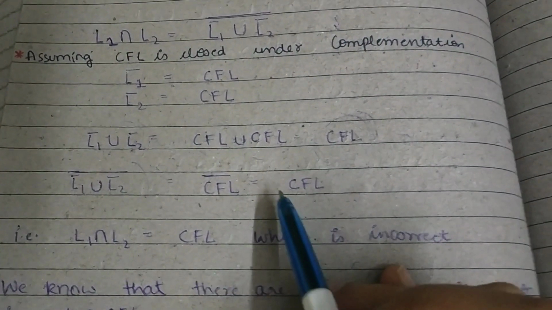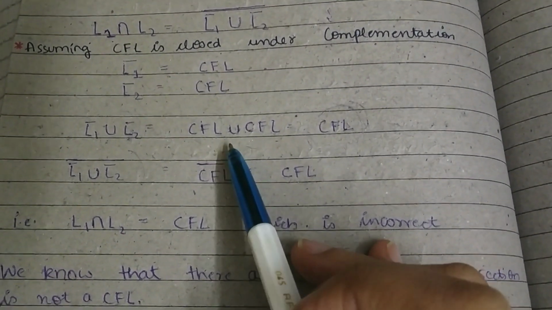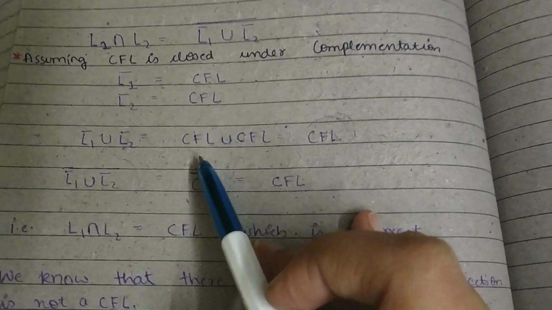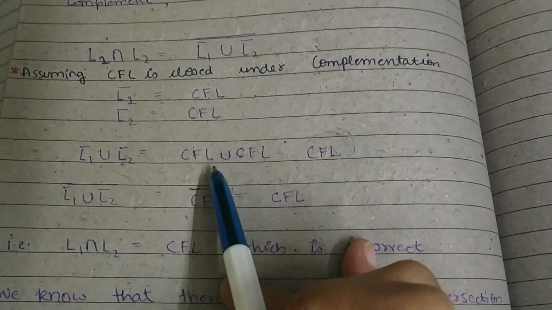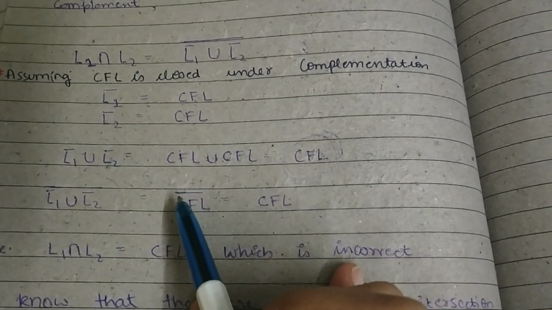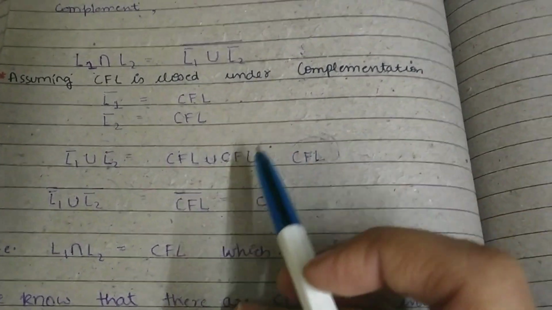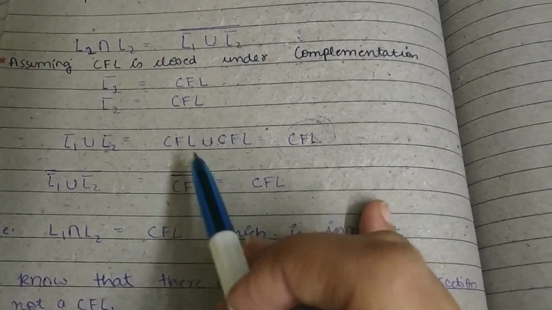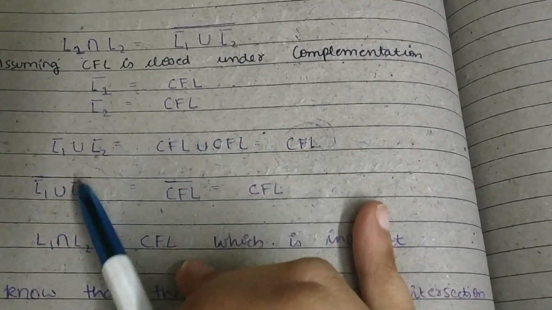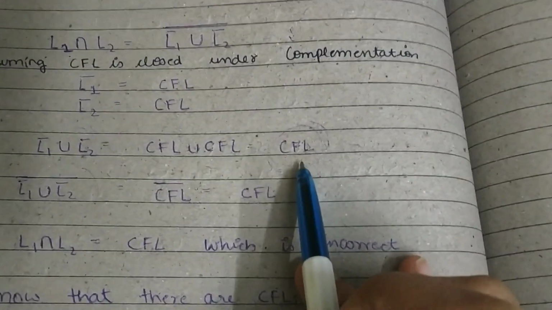Because the union property says that either of the two conditions should be true. That is, either L1 complement should be a context-free language or L2 complement should be a context-free language. But in this case, both L1 complement and L2 complement are context-free languages. Therefore, the union will also be a context-free language.